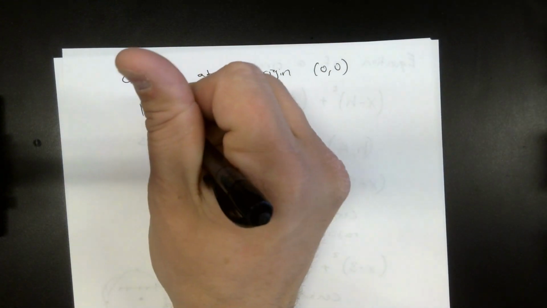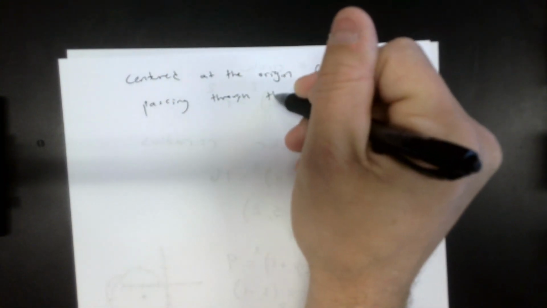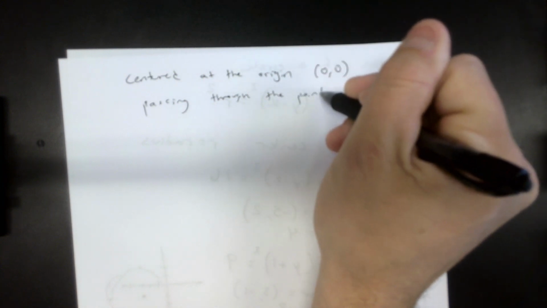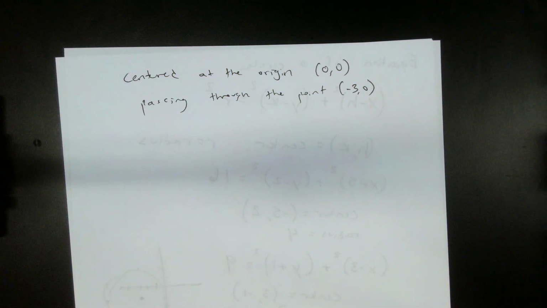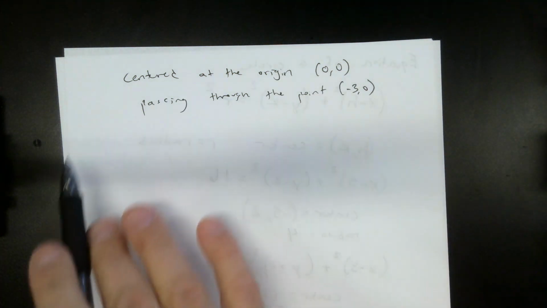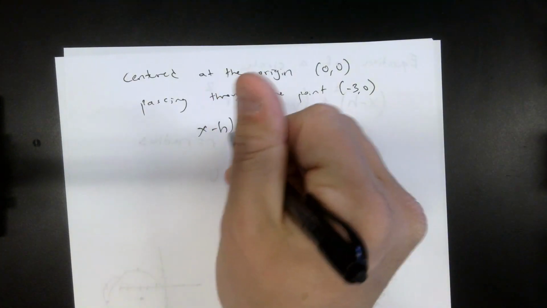And then it says, and passing through the point negative 3, 0. And it wants an equation. So first off, we need to write the center part. Remember our formula here.